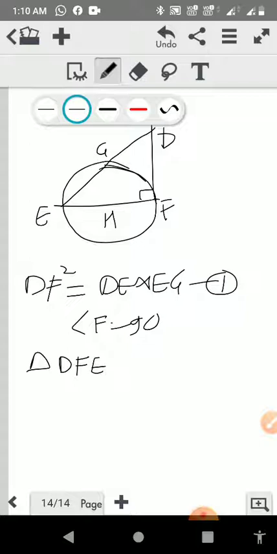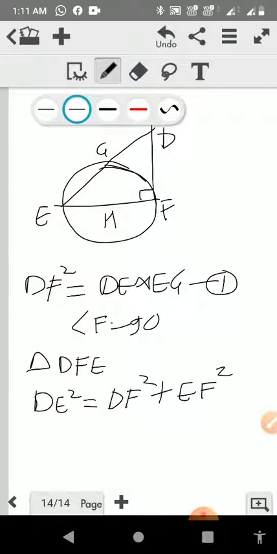Therefore I can use the Pythagoras theorem, that is DE square equal to DF square plus EF square. Now DE square equals DF square as it is, plus EF, which is the diameter. As we all know, diameter is 2 times radius, so I will use 2r whole square.